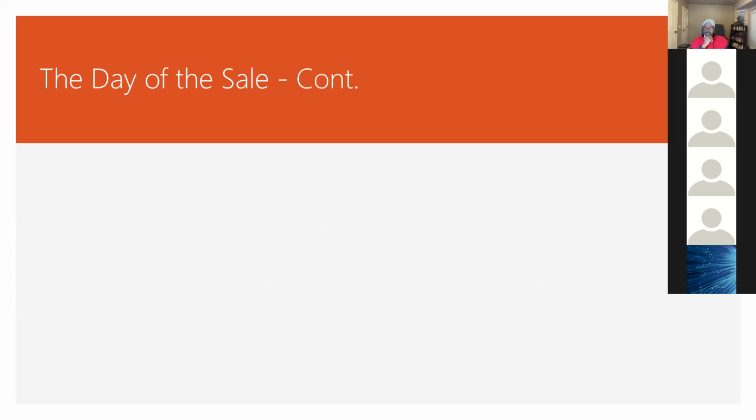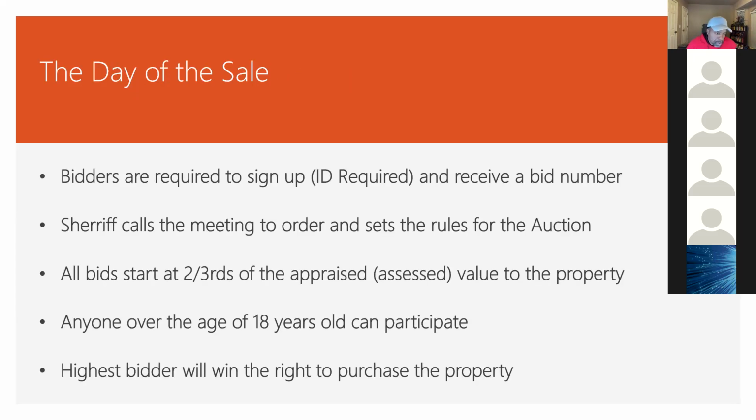Mr. Ray, that's also probably when the reserve comes in. Some of these properties probably will have a reserve price. Yes, even though they start at 2/3, the bank will set a price and say, we won't take less than this. And so a lot of times 2/3 may not be that. They set the reserve because they don't want anybody to buy the property cheaply. If you're going to buy it, you're going to buy it at market value.